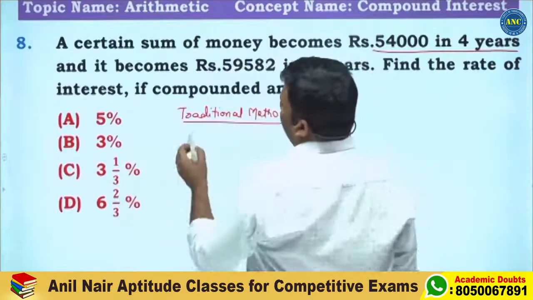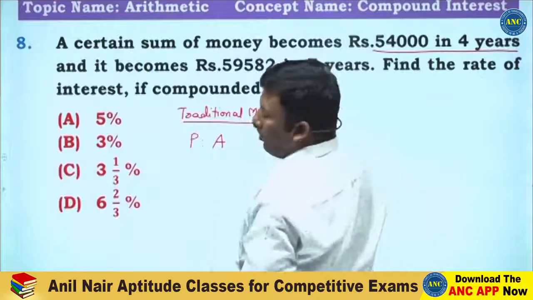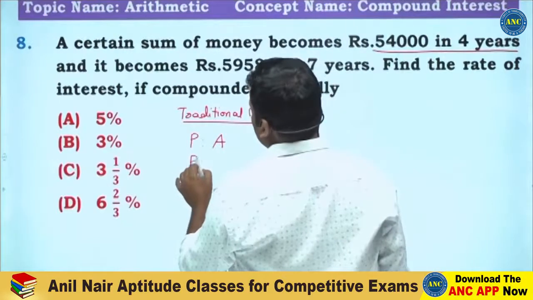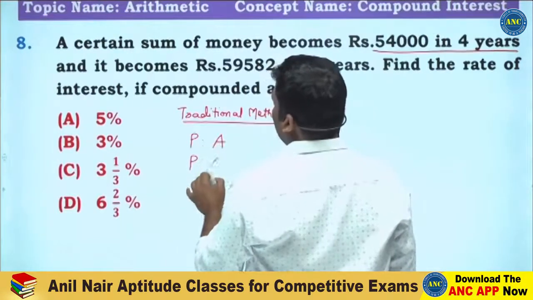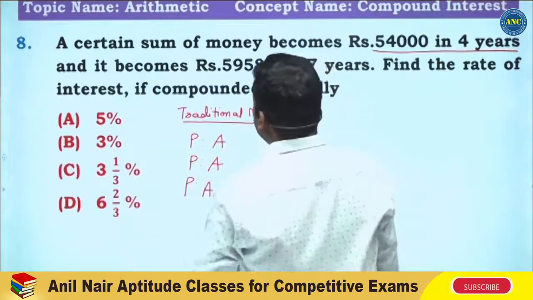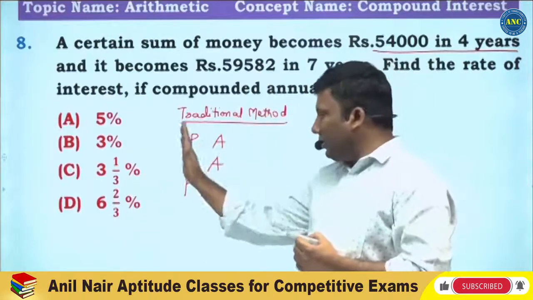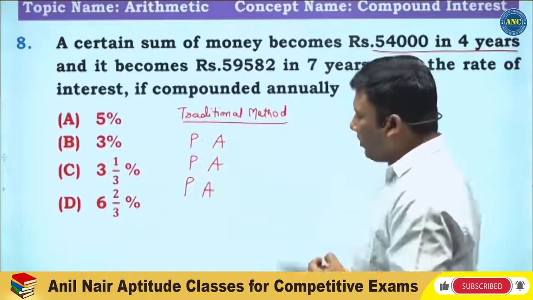So the principal P becomes amount A. 4th year beginning, 4th year end. P to A. This is from 4 to 5. This is from 5 to 6. This is from 6 to 7.